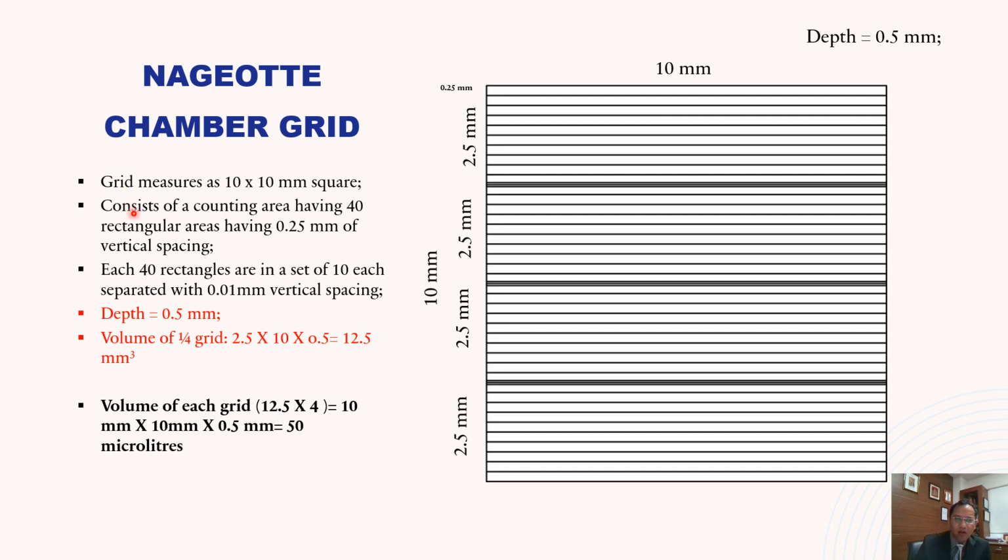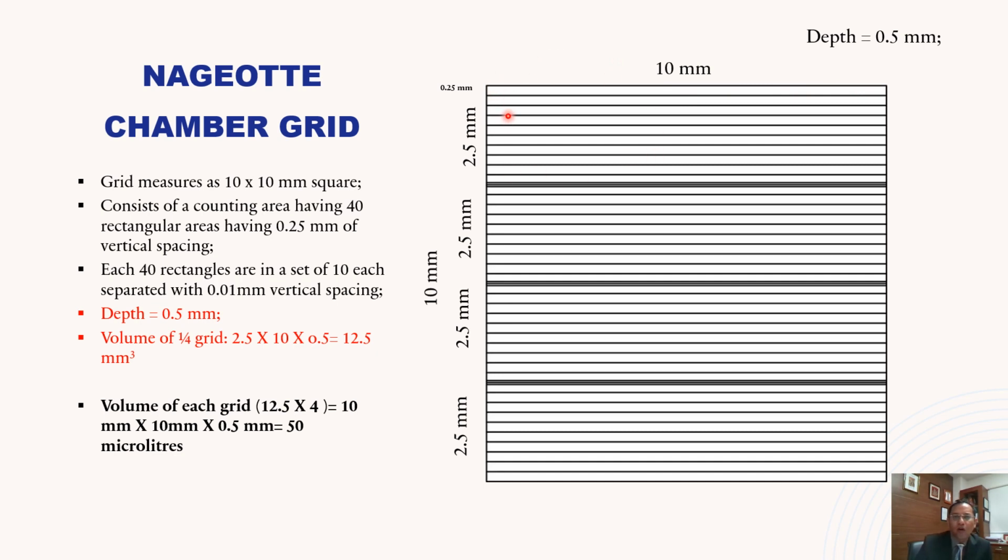So you can see that the counting area has 40 rectangular squares, each having a vertical spacing of 0.25 mm. So this is 0.25 mm into 10, which is 2.5 millimeter. So another 2.5, another 2.5, another 2.5.